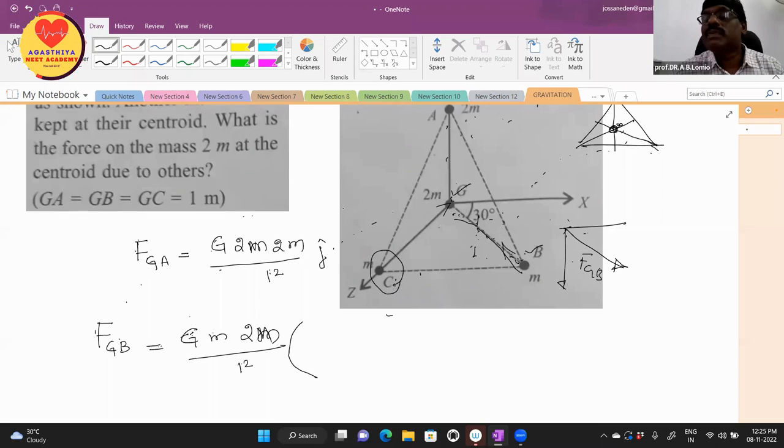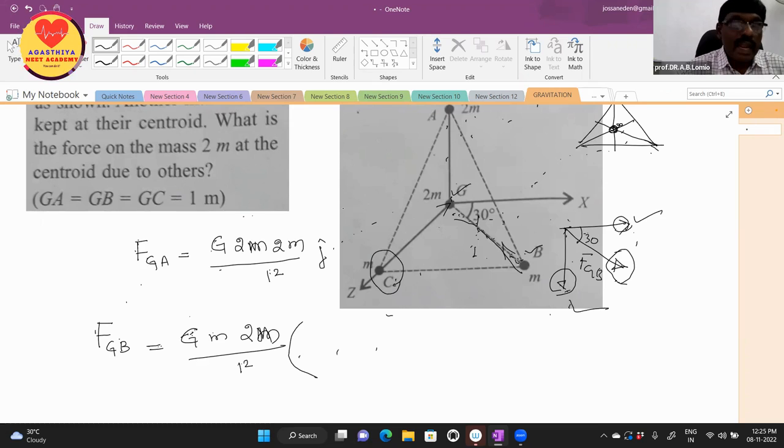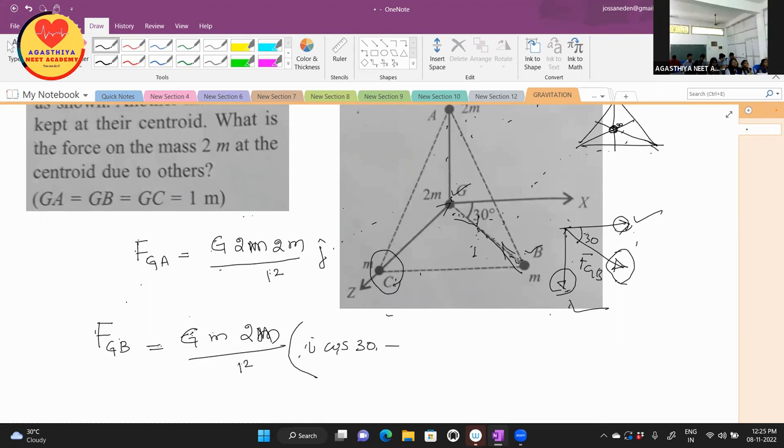Therefore, this force will produce a horizontal component and a vertical component. The horizontal component is acting on the positive side. The vertical component is acting on the negative side. Therefore, it can be written as positive i cos 30 minus j sin 30.